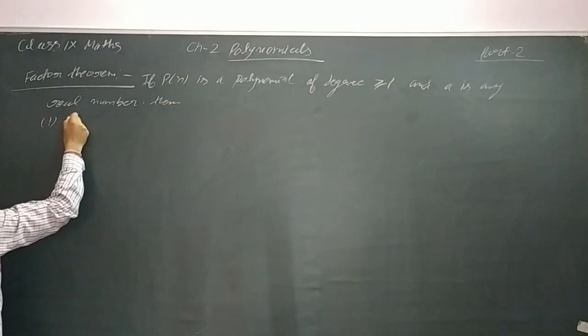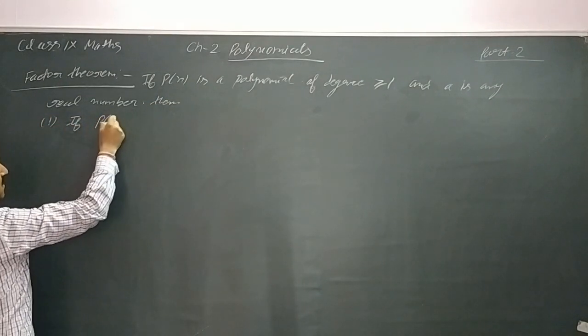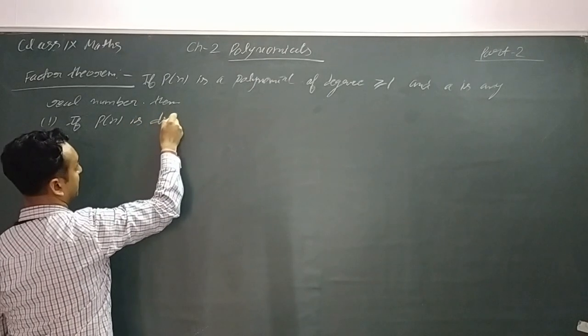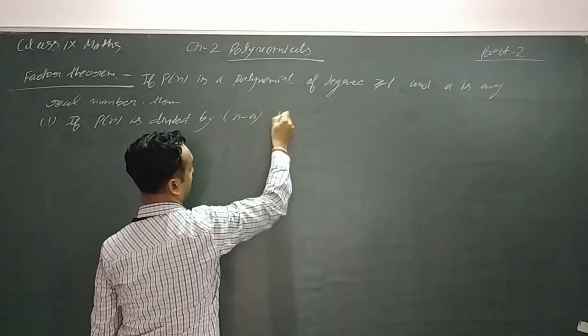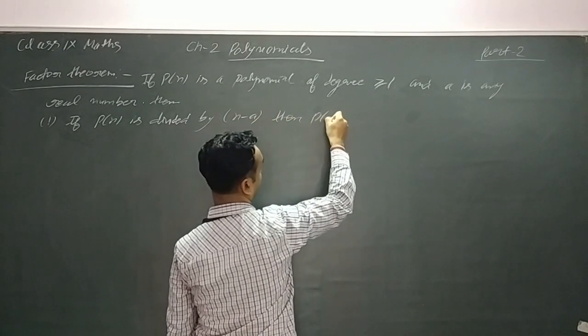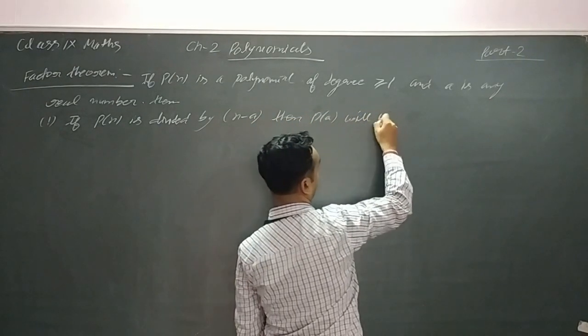First, if P(x) is divided by x minus a, then P(a) will be the remainder.